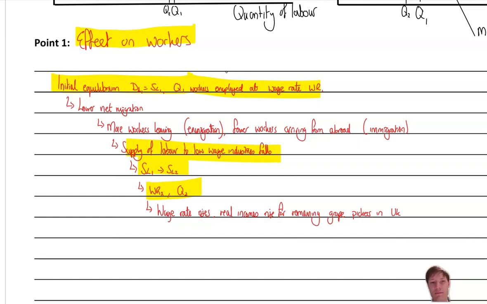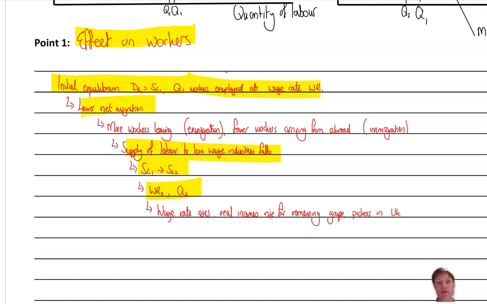We might make a bit more of this and say that actually this industry, as we saw from the text, is very much dominated by migrant workers. It's an industry that is low paid. The quality of work, the working conditions are relatively low, and therefore local workers tend not to want to do this.